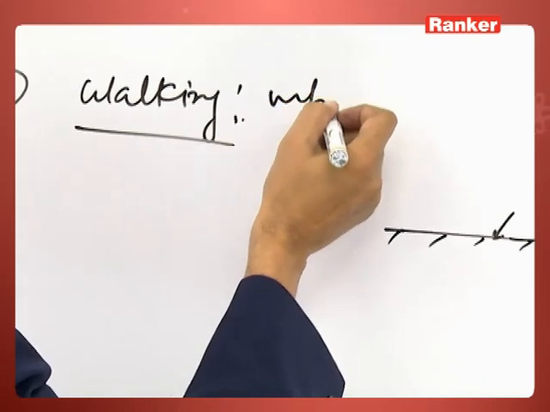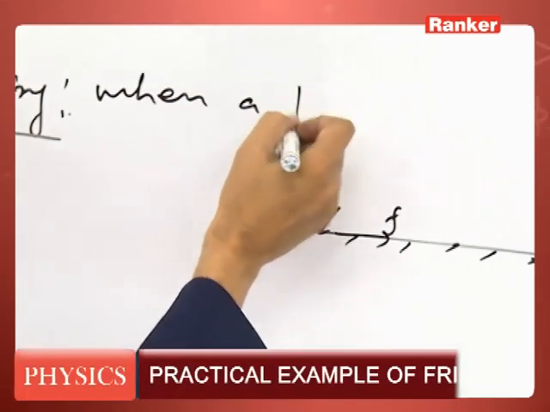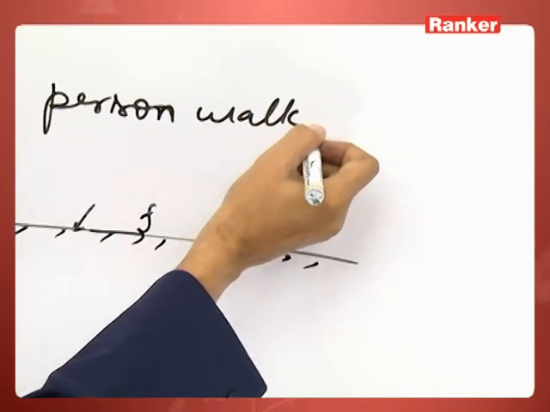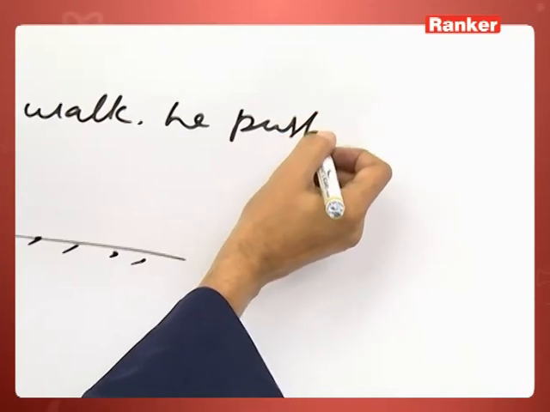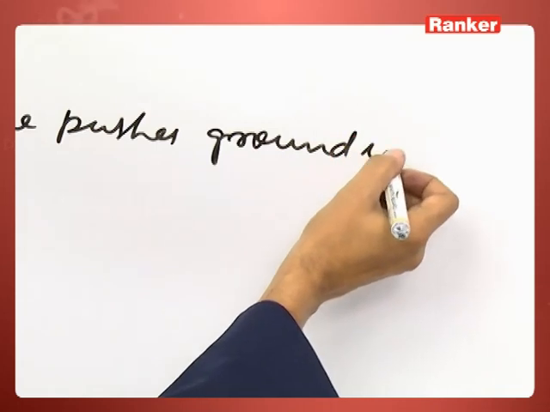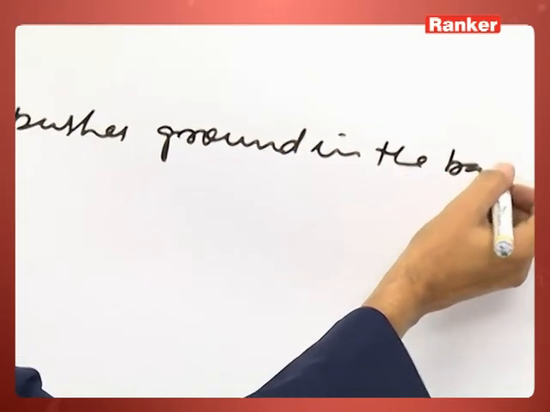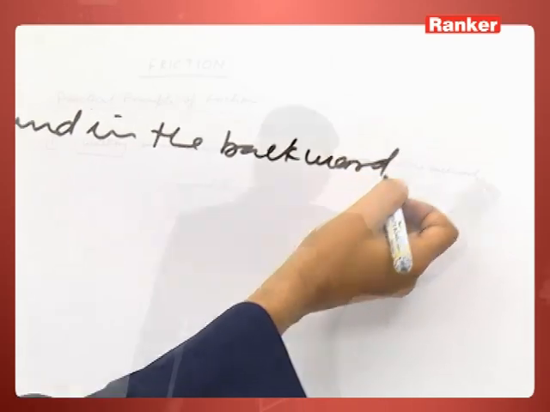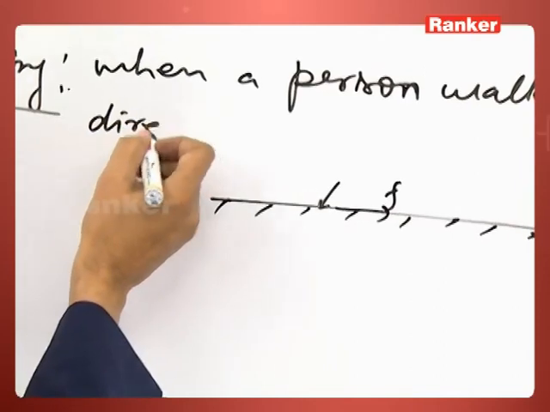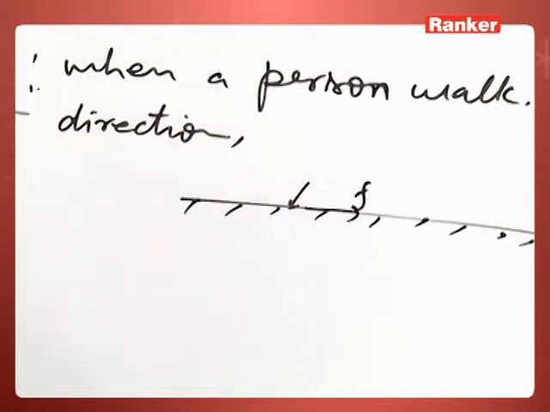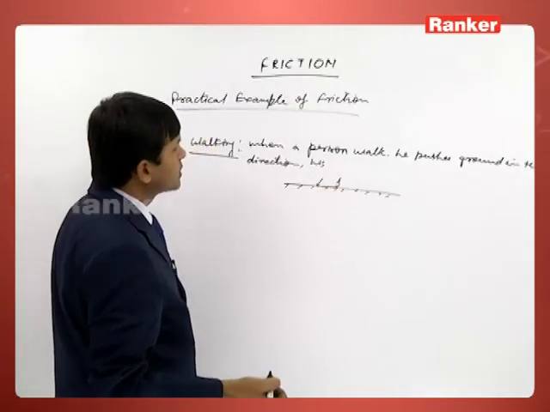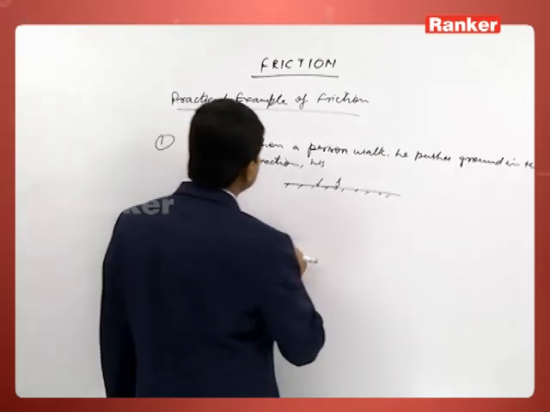So when a person walks, he pushes the ground in the backward direction. His foot has a tendency of motion in the backward direction.